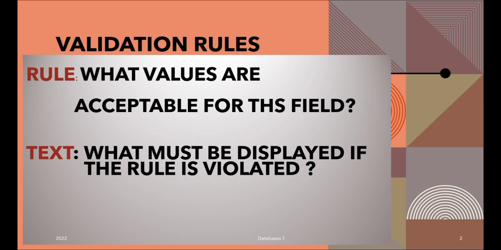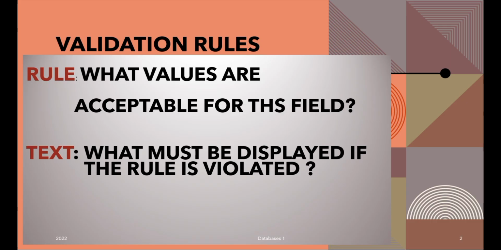What values are acceptable for this field that we are dealing with? Now let's go to the text. The text is what must be displayed if the rule is violated. So remember, the text is the error message telling the user that you have entered an incorrect value.